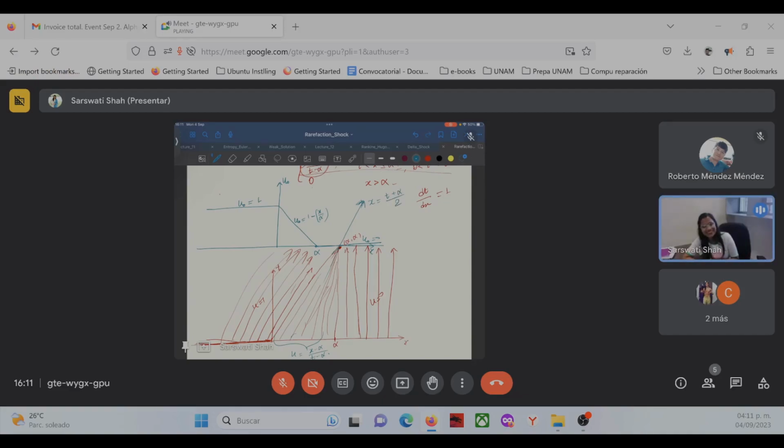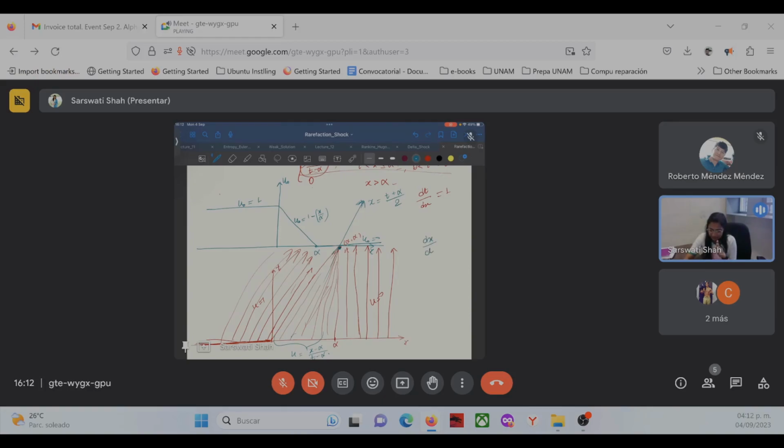Tell me, I think you might be getting it. At t equals alpha, this is going to be x equals alpha. This line is passing through the point alpha comma alpha.